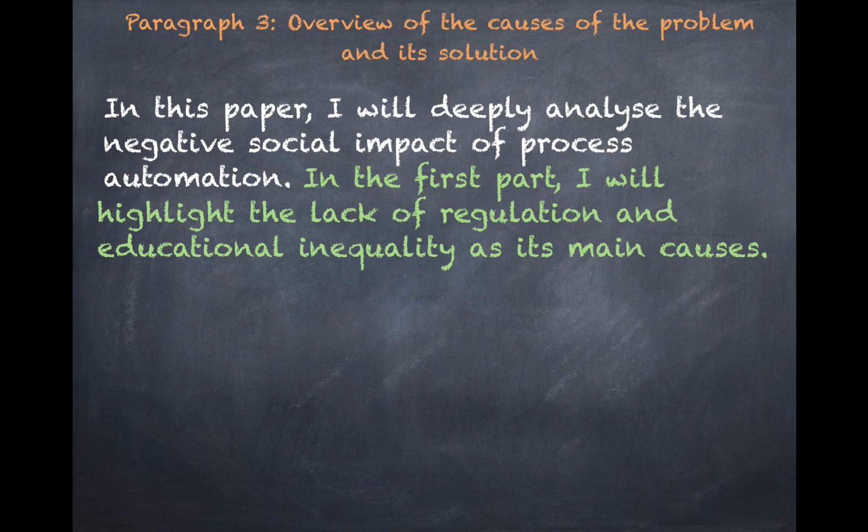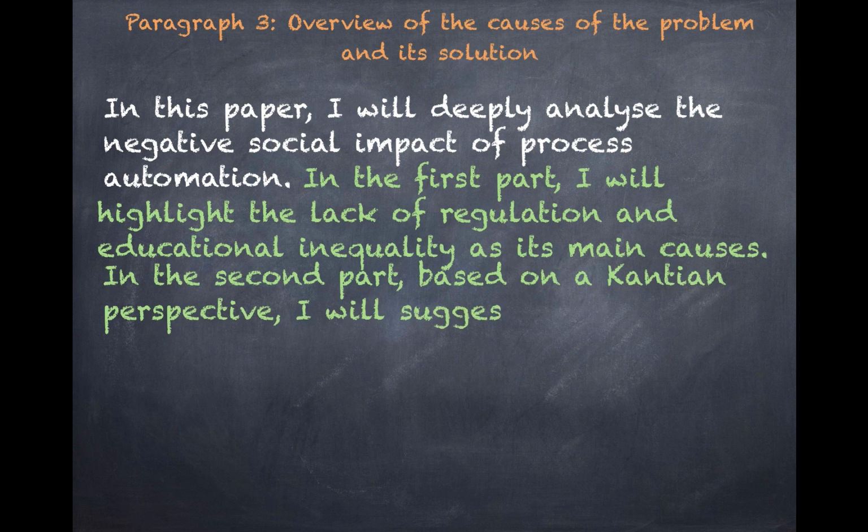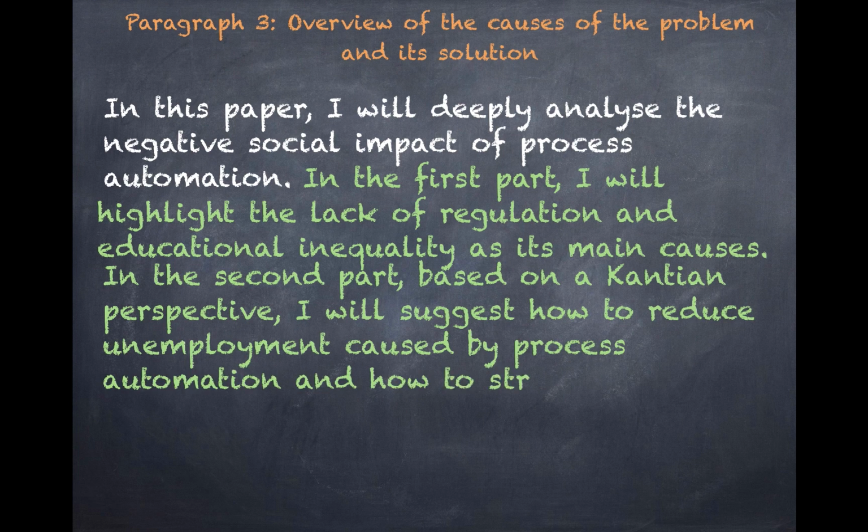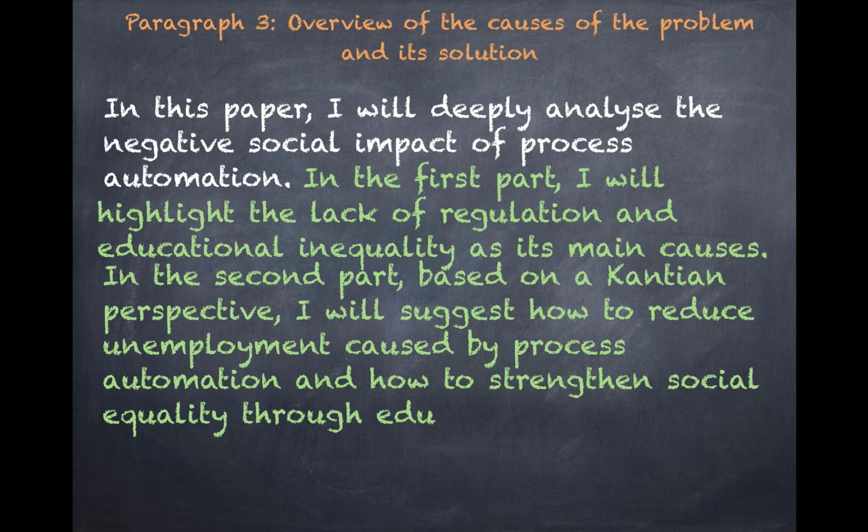Afterwards, a summary of the solution. In the second part, based on a Kantian perspective, I will suggest how to reduce unemployment caused by process automation and how to strengthen social equality through education. Since this is the structure of your paper, remember it should be in green.